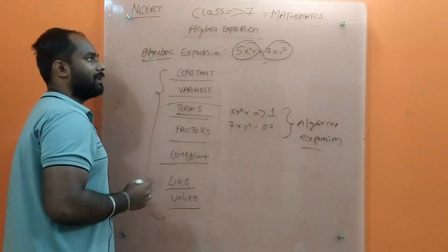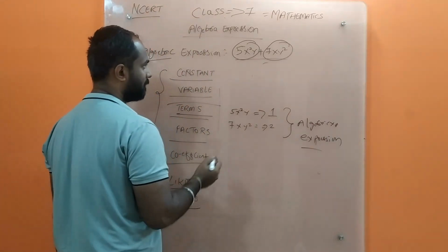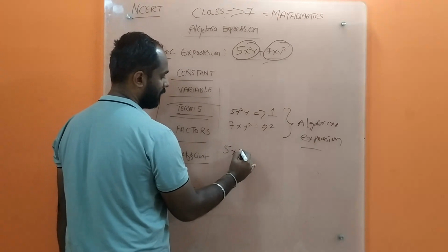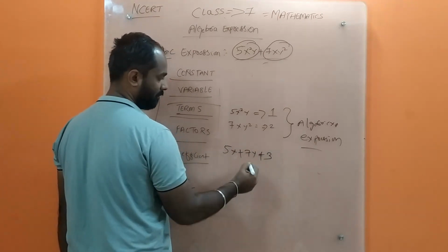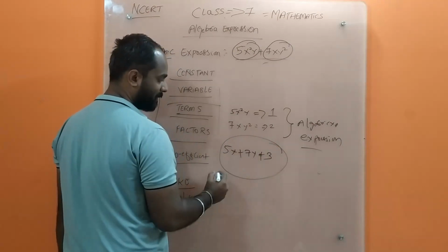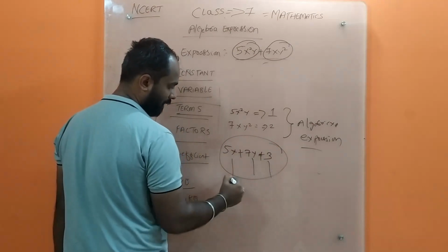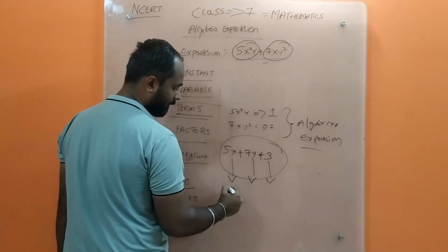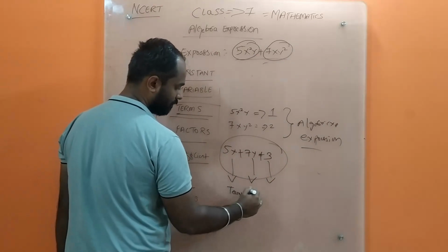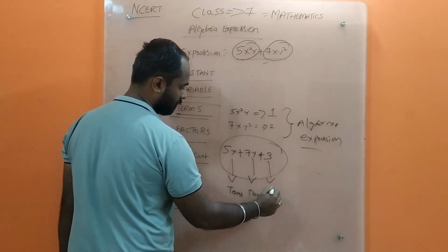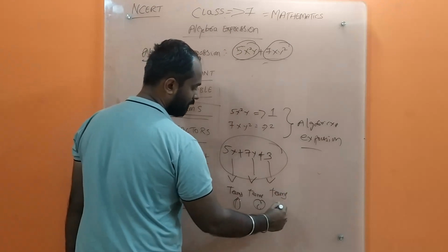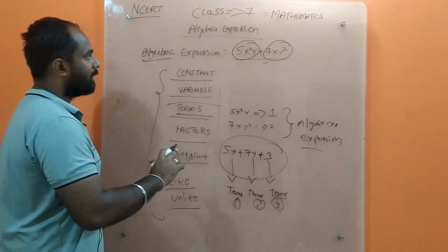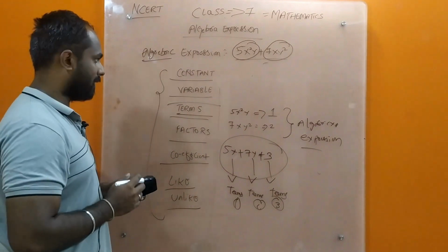The algebraic expression may also be like this: 5x plus 7y plus 3. This is also an algebraic expression. All these items are terms: term 1, term 2, term 3. Put together, they form an expression.